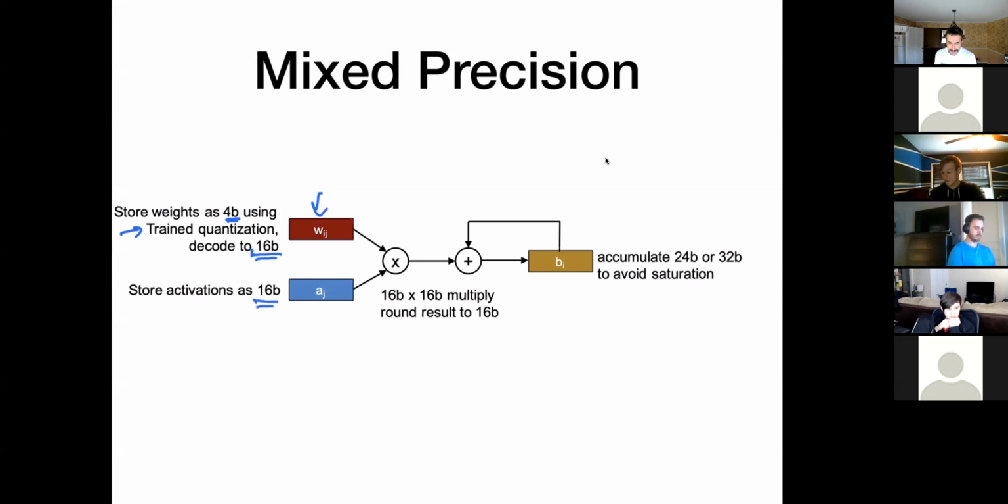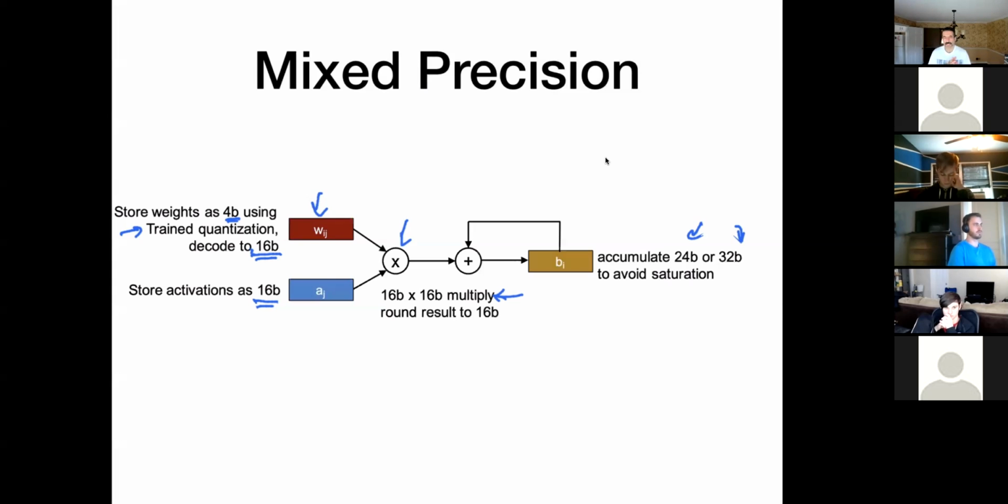You can store the activation as 16-bit, and then you have a 16-bit to 16-bit multiplication, and then you can accumulate all of these 16-bit multiplications into something like a 24 or 32-bit output.